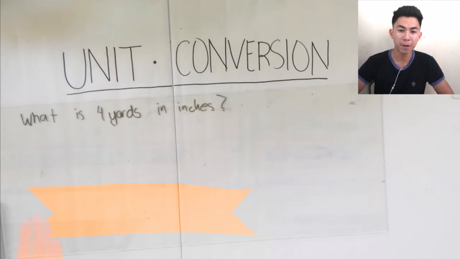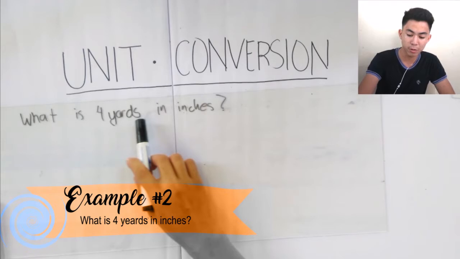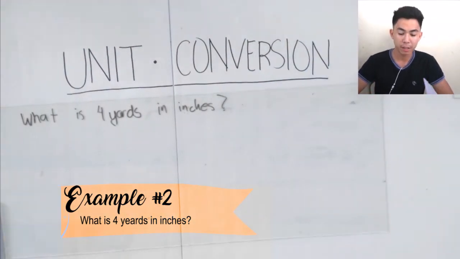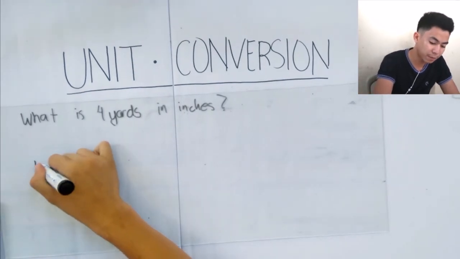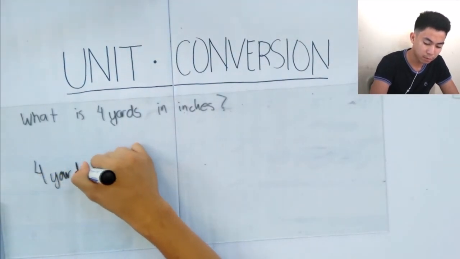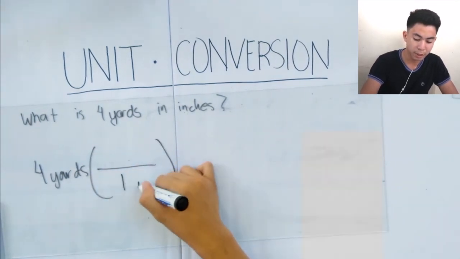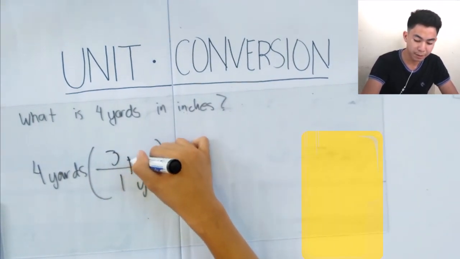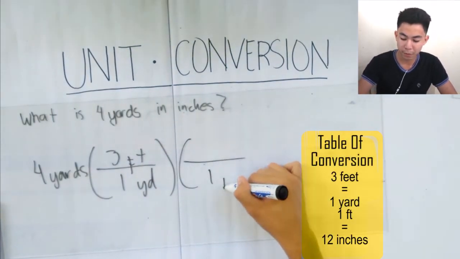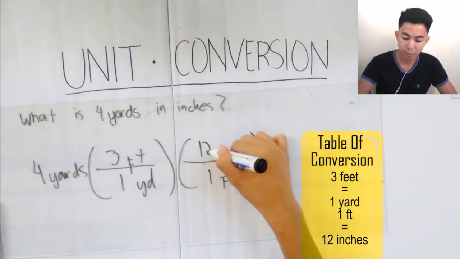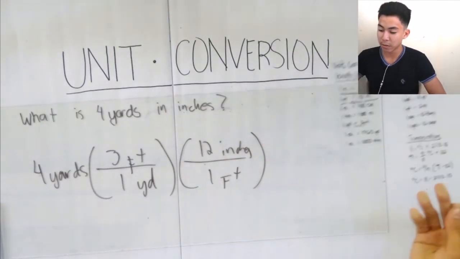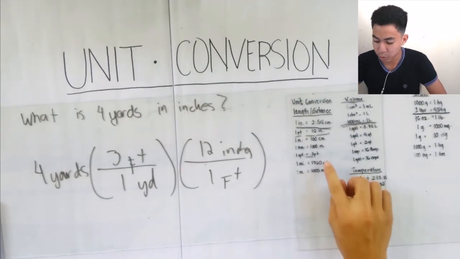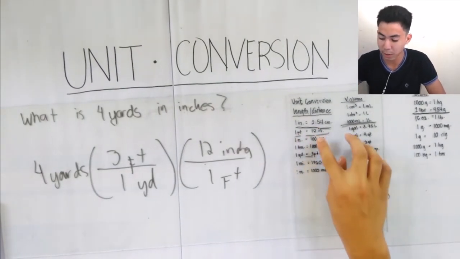Example number 2. First, analyze what is asked in the problem. Since there is no direct conversion from yards to inches, we have to solve each conversion individually. So, copy the given 4 yards, and in 1 yard we have 3 feet, and in 1 foot we have 12 inches. Because in unit conversion of length, 1 yard is equal to 3 feet and 1 foot is equal to 12 inches.